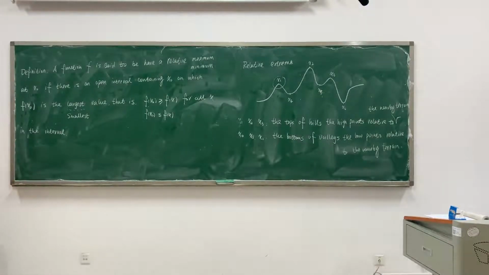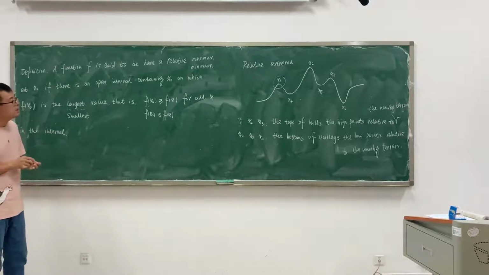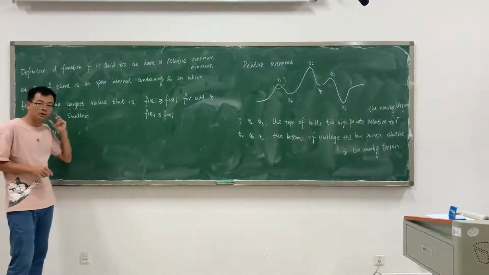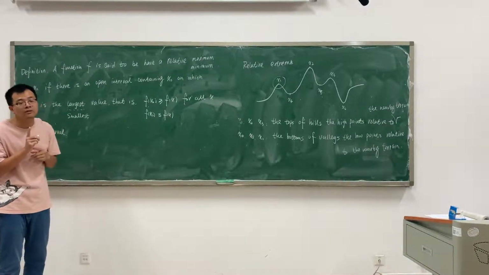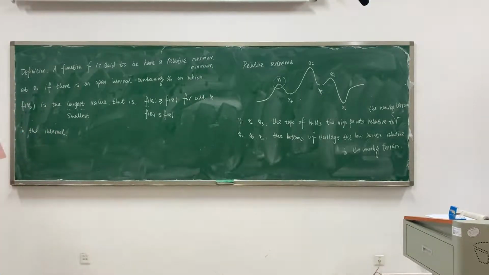So relative maximum means f(x0) is the largest value nearby, and relative minimum means the smallest value nearby. This is the definition.